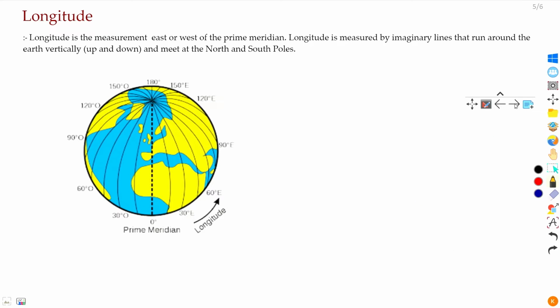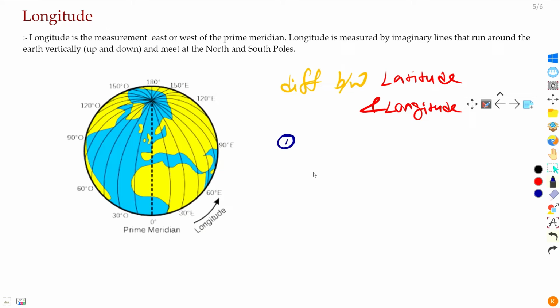Okay. So next we come to the longitude portion. It's similar to latitude, but the difference between latitude and longitude is, number one, the longitude lines run around the Earth's surface from the North Pole to the South Pole.